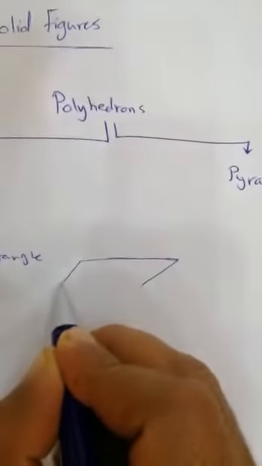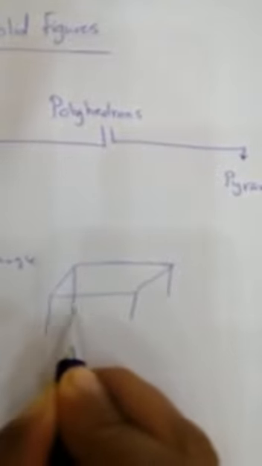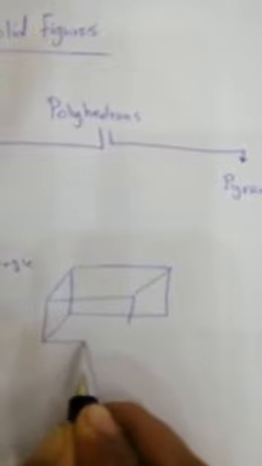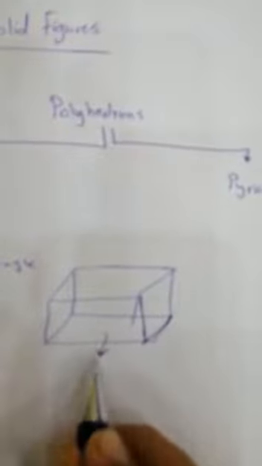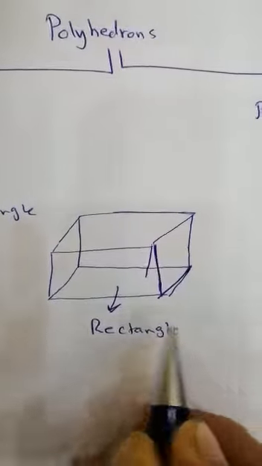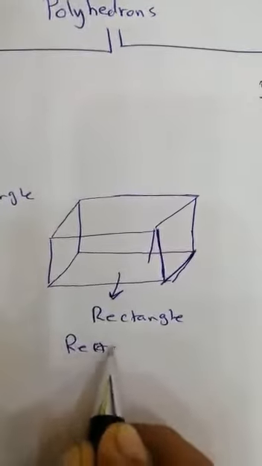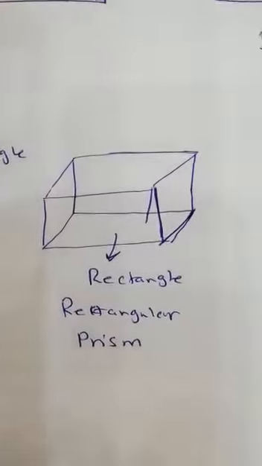For example, if we have a rectangle here, look guys, the base is a rectangle, then we name it a rectangular prism, okay?